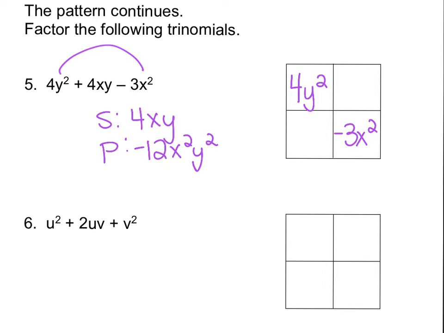So first let's just look at the factors of 12. Okay, 12 and 1 is not going to give me a sum of 4. 6 and 2 could give me a sum of 4. I've got 3 and 4, that's not going to work, so I'm going to have to use the 6 and 2.